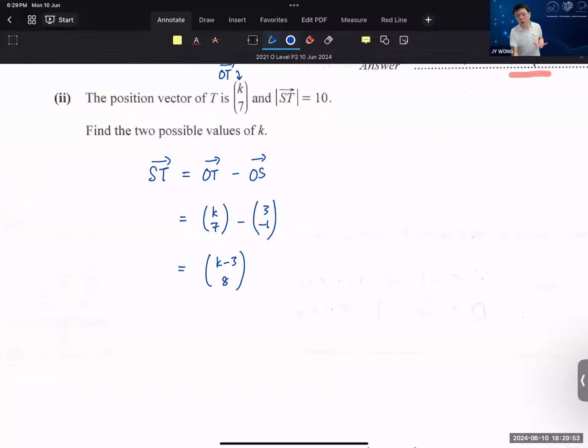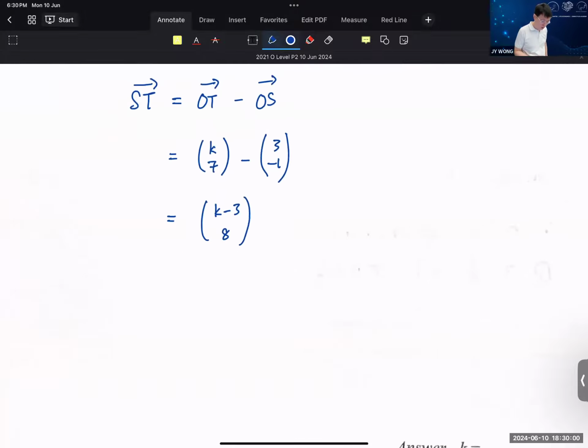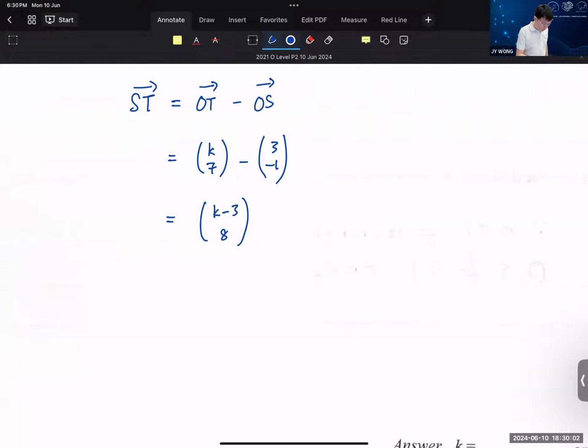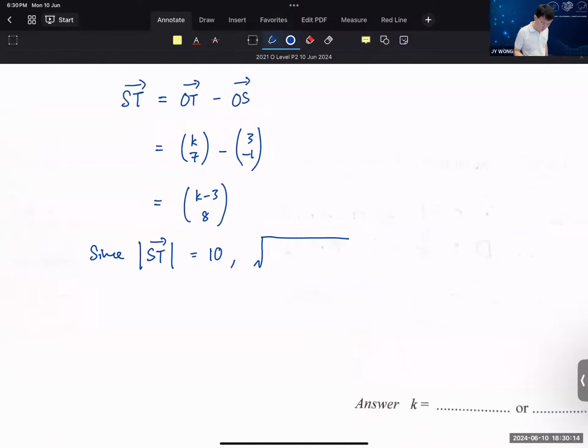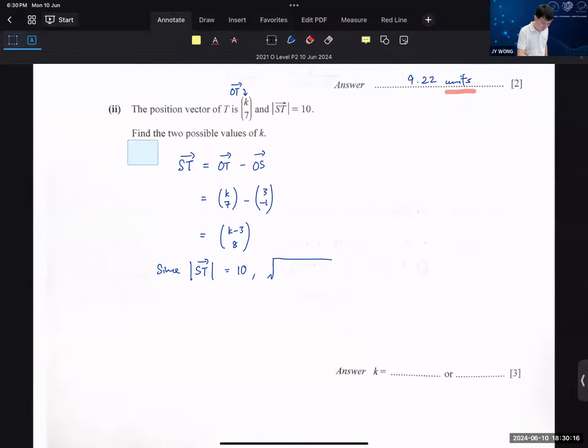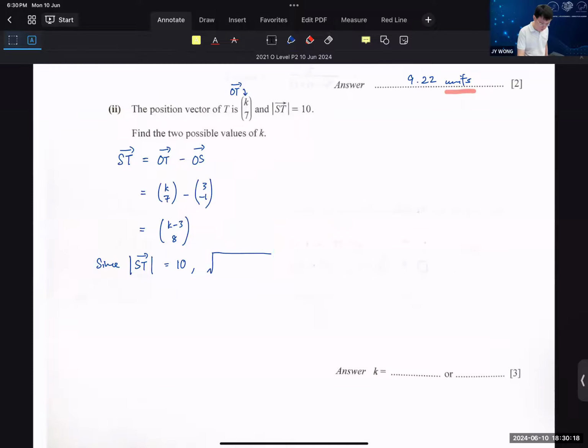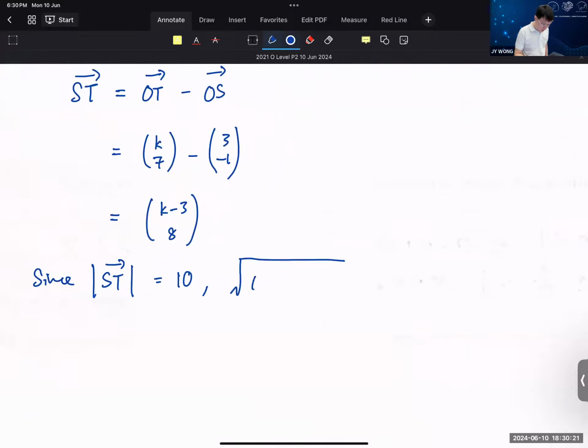While you don't learn the modulus symbol and exactly what it means, you are supposed to know at least that it is magnitude. So since mod ST is equal to 10, the square root of (k - 3) squared plus 8 squared is equal to 10.